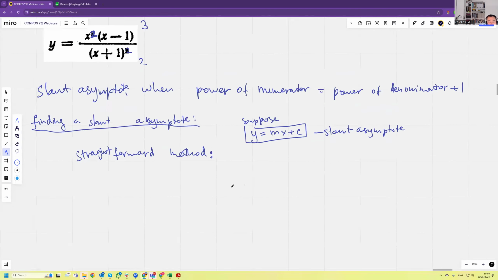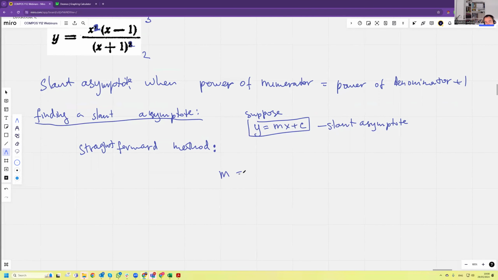Then m is going to be the limit as x tends to plus infinity of f of x divided by x.